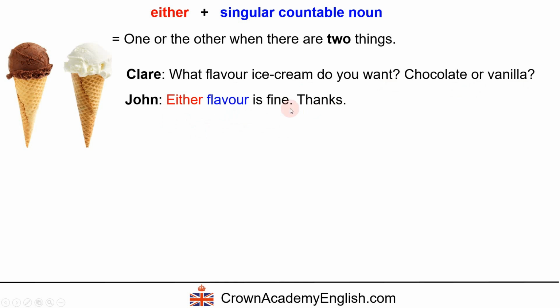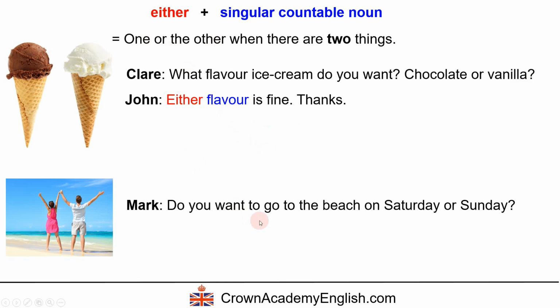This means that for John, chocolate is okay and vanilla is also okay. Okay, so one or the other. So it's either followed by a singular countable noun. And notice that the verb is also in the singular form, third person singular.